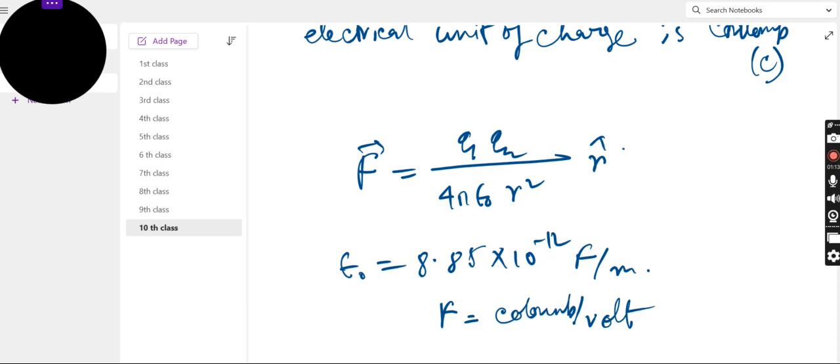And this force also follows the same dimension of Newton.